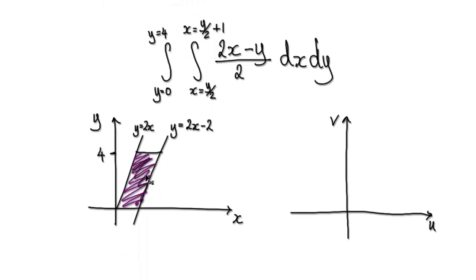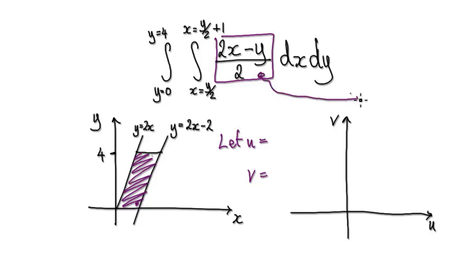And now the hard part. The hard part is in making the change of variables. When you think about the change of variables, think about the integrand and think about your region. You want to let u equal something, v equals something, in such a way that your integrand becomes simpler or your region becomes simpler. If you look at this, this doesn't look very complicated, so let's ignore this.